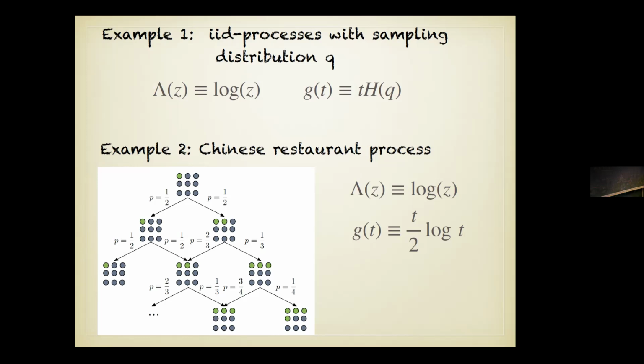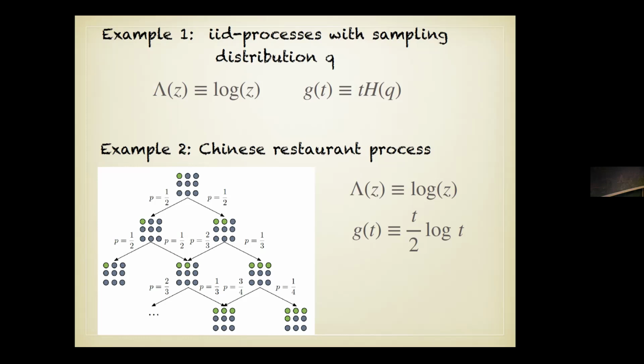We can again choose lambda to be the usual logarithm, and then we have to choose g of t to be of that form, which basically means that if you again think of this as being t times the entropy, and you divide by the number of emitted symbols to get the reduced entropy, you would still have a function that grows logarithmically in t.